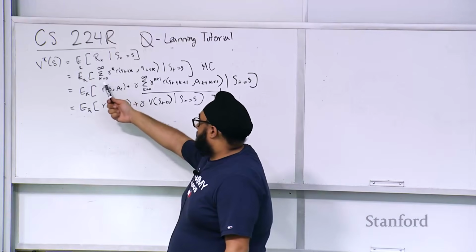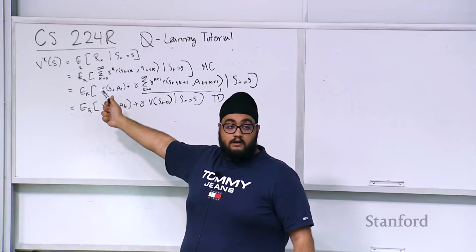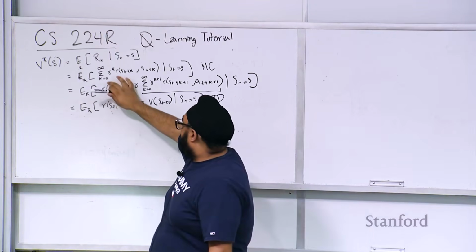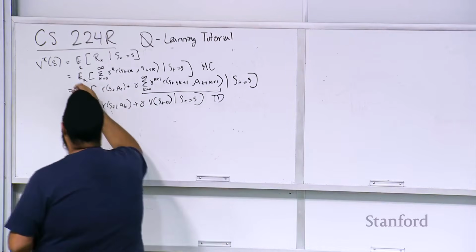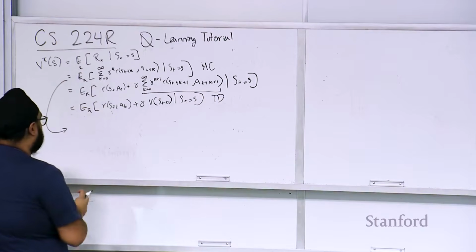So notice here that k equals 0. If I break up the summation, let me just add this as a step below.